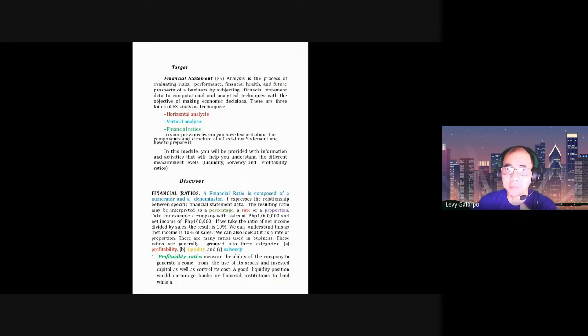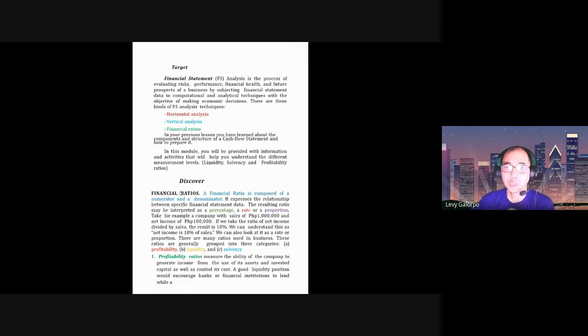So, financial statement analysis is the process of evaluating risks, performance, financial health, and future prospects of a business by subjecting financial statement data to computational and analytical techniques with the objective of making economic decisions. So, 3 kinds of analysis ang ma-encounter natin dito. Meron tayong horizontal analysis, meron tayong vertical analysis, at meron din tayong financial ratios.